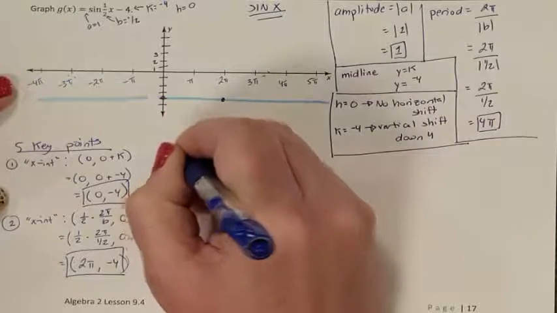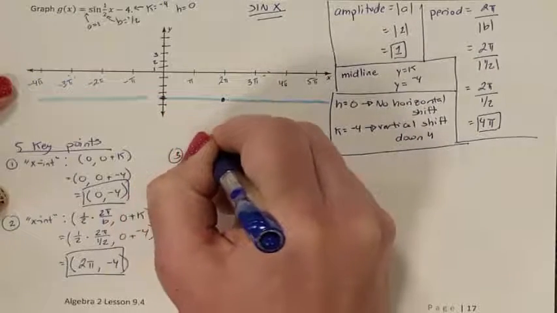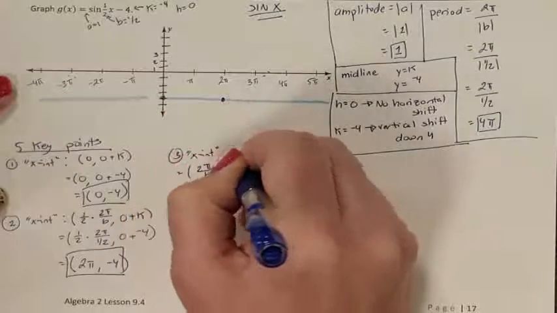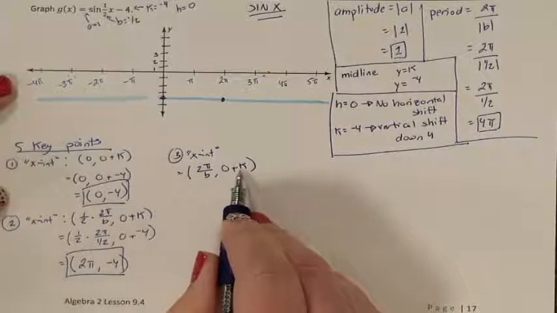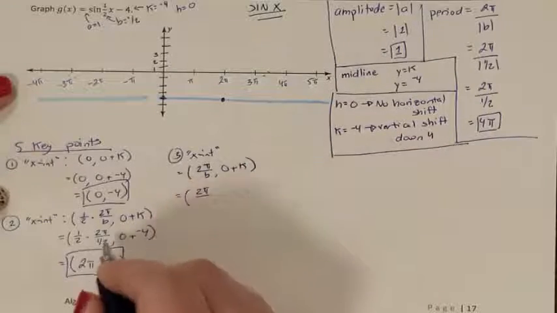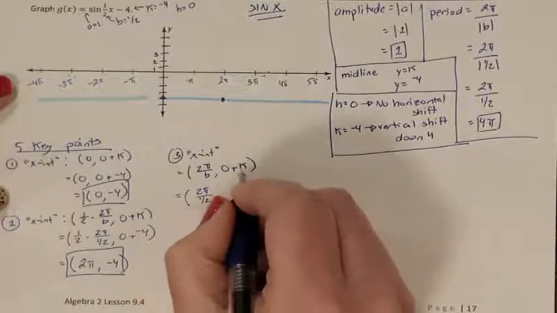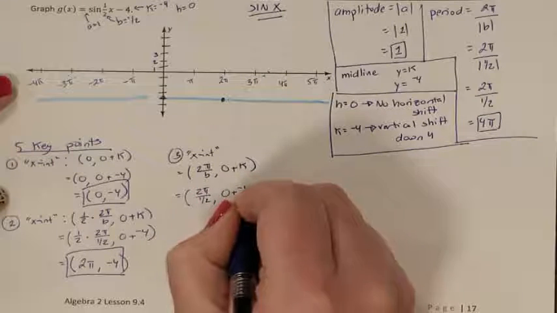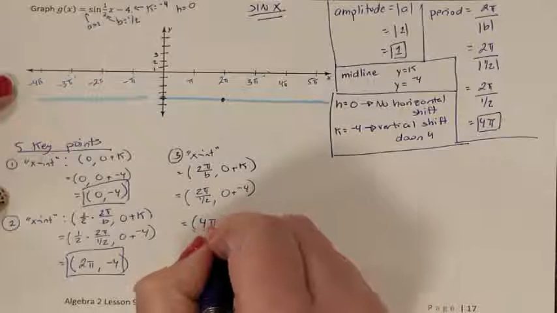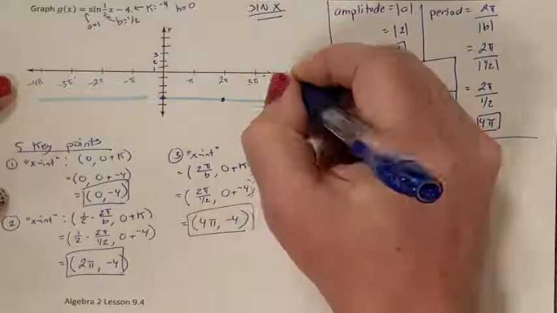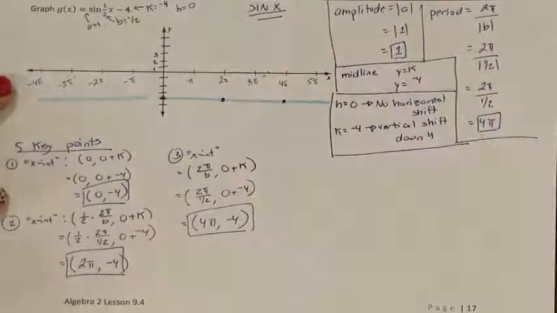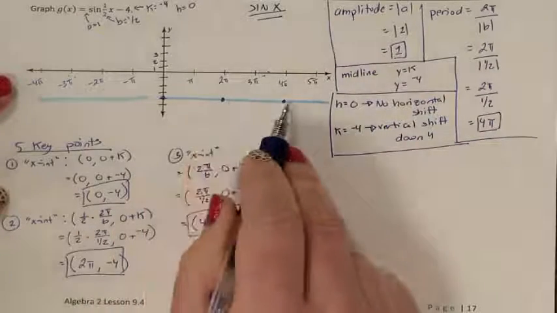And my third midline intercept, this is the formula taking the vertical shift into account. My b is a 1/2 and my k is a negative 4. So I have 4 pi, negative 4. I have 3 midline intercepts.